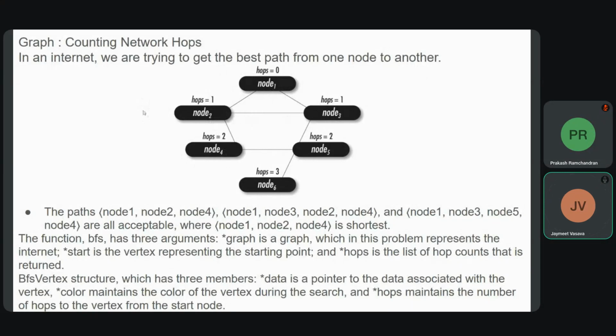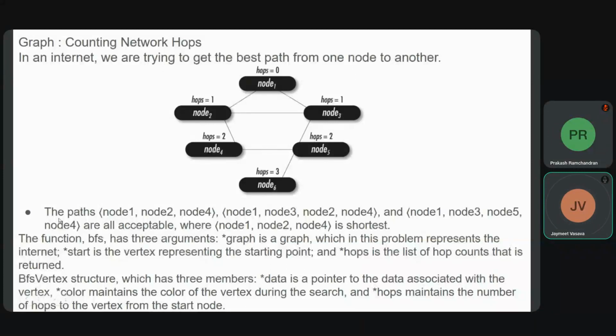Now the shortest one, which consists of the fewest hops, is node 1 to node 2, starting from node 1 and ending at node 4 via node 2. So for this implementation, we will be using breadth first search, which will be a function that has 3 arguments.